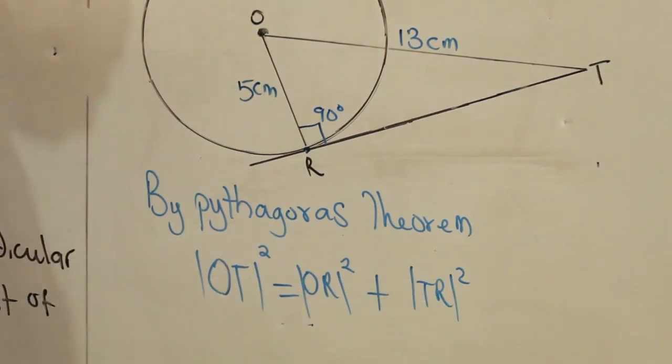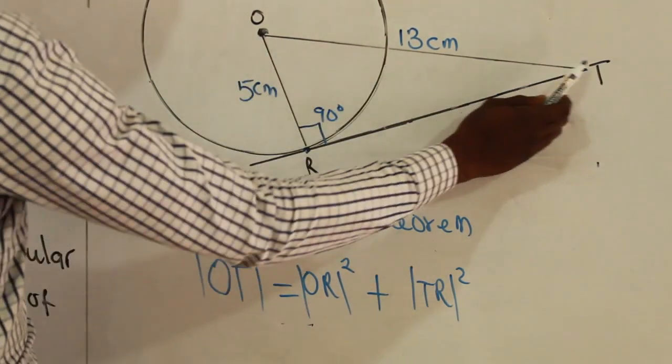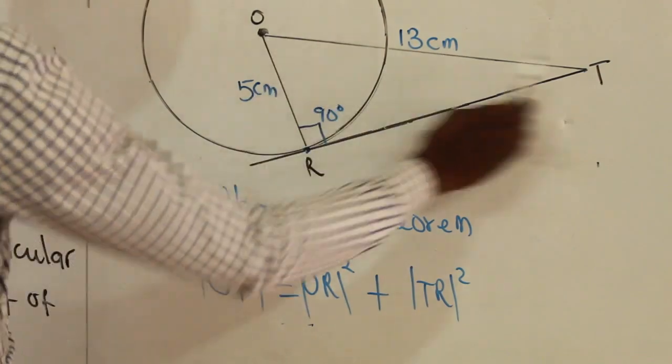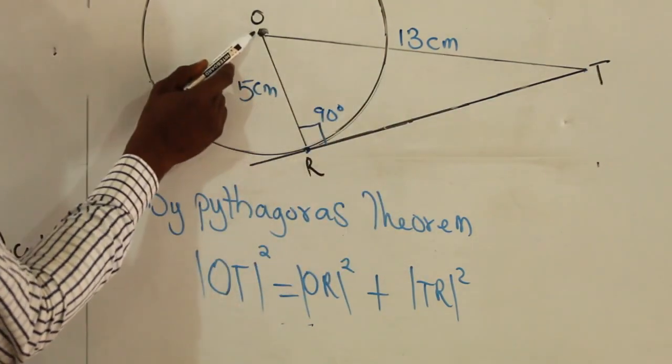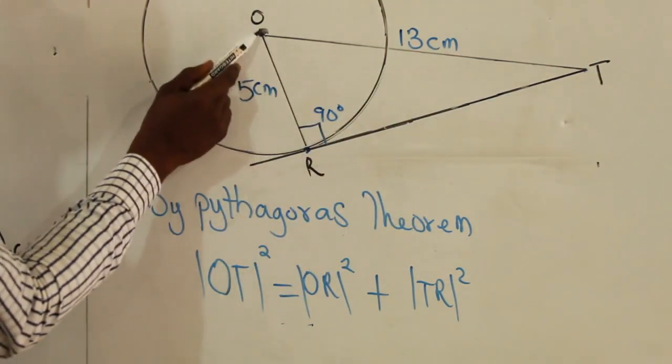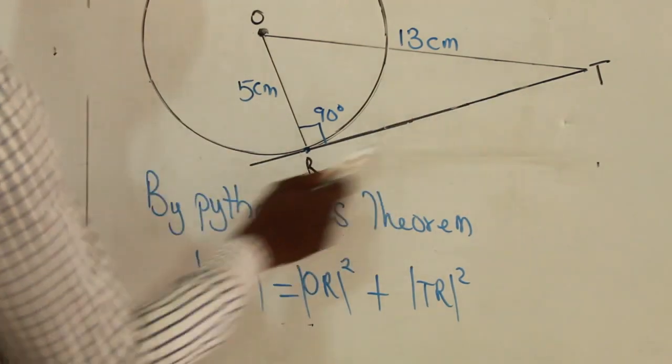By Pythagoras theorem, the square of the length of this side is equal to the sum of the squares of the lengths of this side and this side.